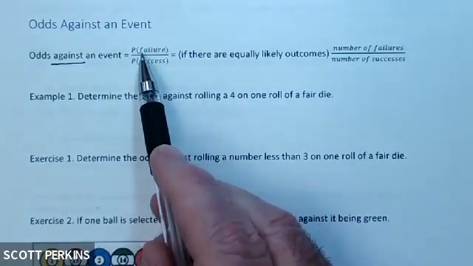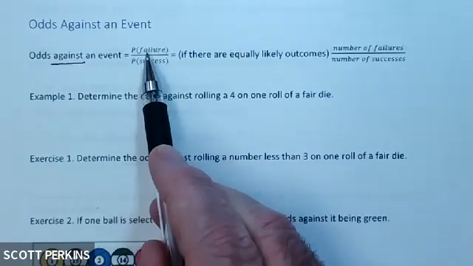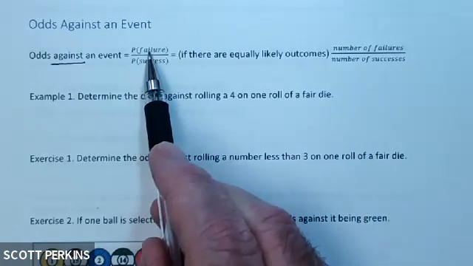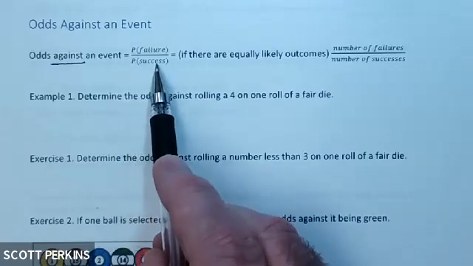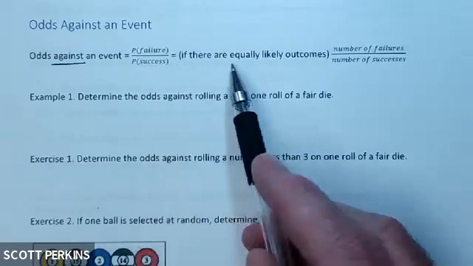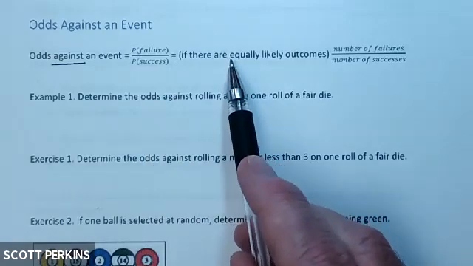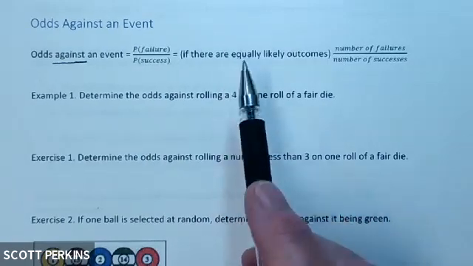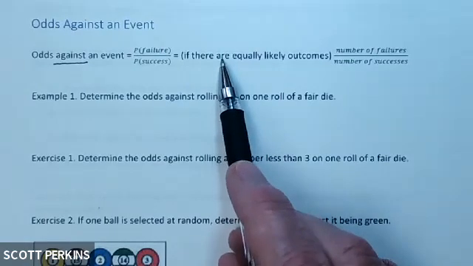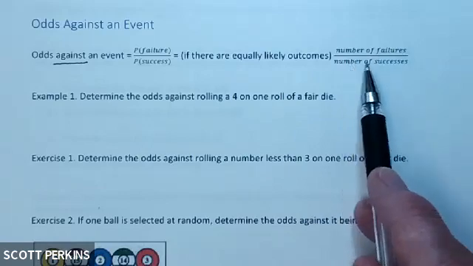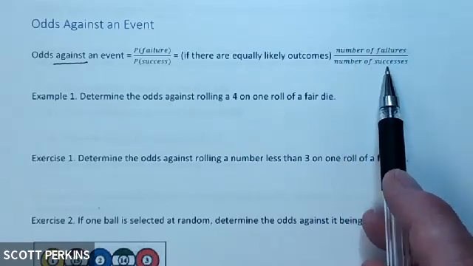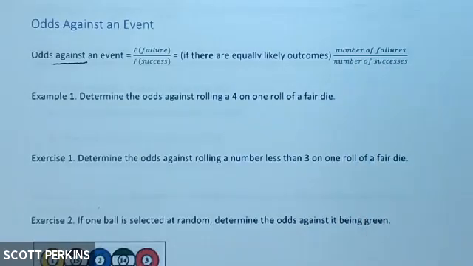The ratio is the probability that the event fails to happen divided by the probability that the event successfully happens. Now, we're going to mainly deal with equally likely outcomes, and you'll see that we can stop dealing with probability and just go failures divided by successes. That's what the odds against is. It's a different ratio. It's the ratio of the failures to successes.